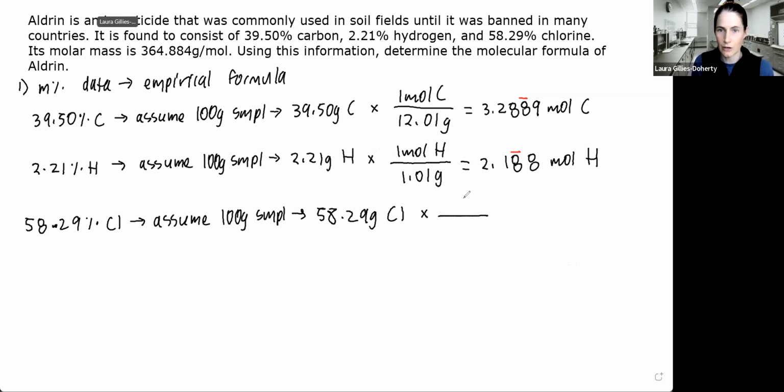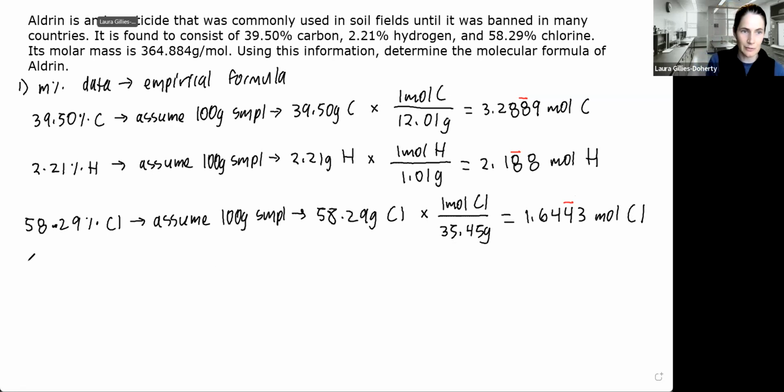Last but not least, chlorine. 1 mole of chlorine weighs 35.45 grams. So I get 1.6443 moles of chlorine. And same thing with the sig figs. I'm going to keep 1 extra sig fig. We should have 4, but I'm going to hang on to an extra one to make sure I don't mess anything up due to early rounding.